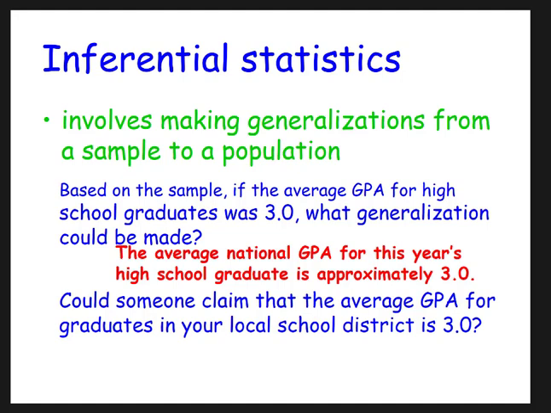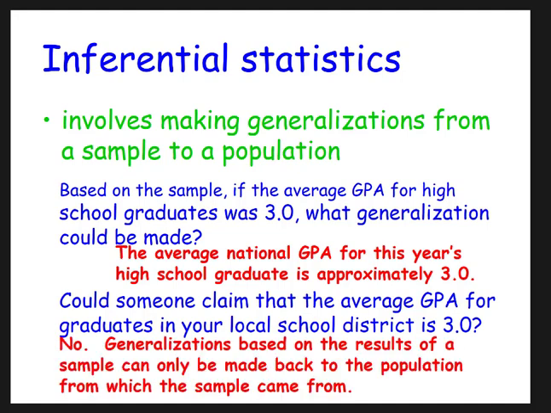Could someone claim that the average GPA for graduates in your local school district is 3.0? Can we generalize that backwards? If we say the national average is 3.0, does that mean each individual school district is 3.0? No. Our generalizations cannot go backwards like that. We can go from small subsets, small samples up to the major population if the sample was taken well. But going backwards from a population to a sample is not as accurate.